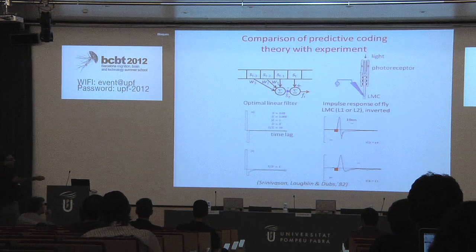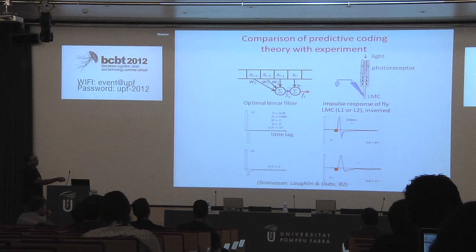And when they measured the response of this LMC cell, they found that the second phase of the response had lower amplitude and longer extent, just as one would have predicted from the linear predictive coding framework.